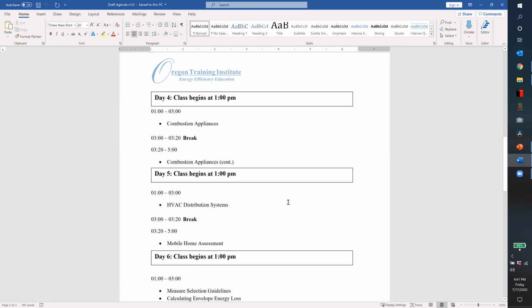Once you've completed both of those and you have your BPI approval letter, then you'll be eligible to sit the real BPI exam, which I know we can do the written remotely.